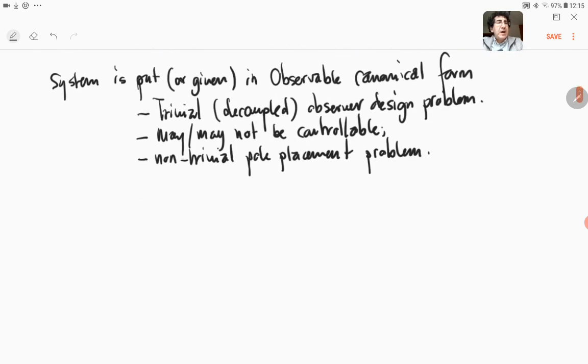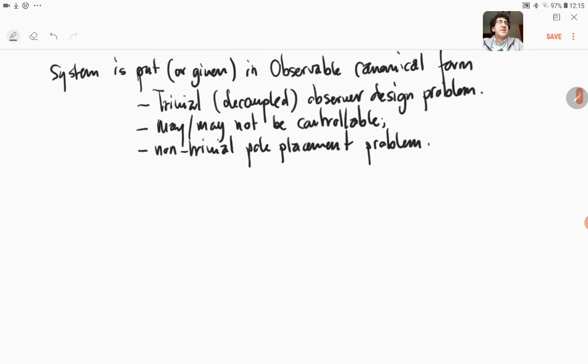So we will see how to proceed if the system is given in a state space representation, or it's given in transfer function form. We will discuss a generalized algorithm for how to design a pole placement based controller for it.